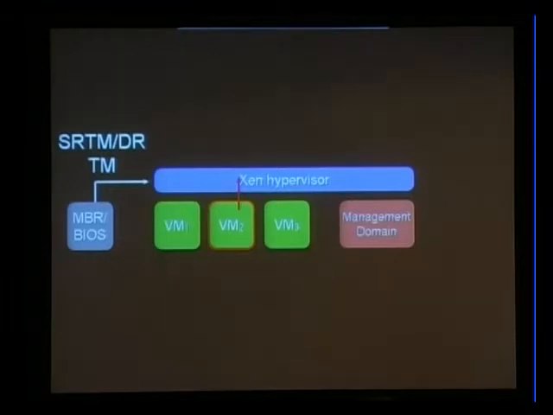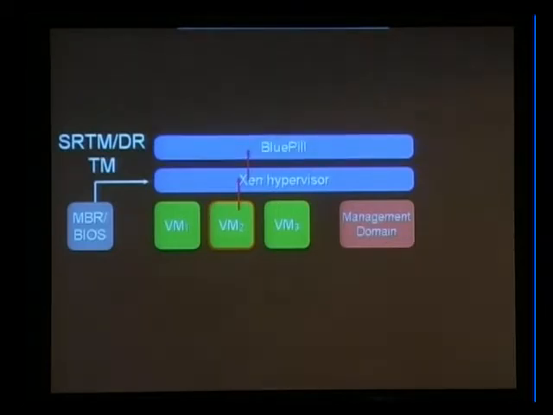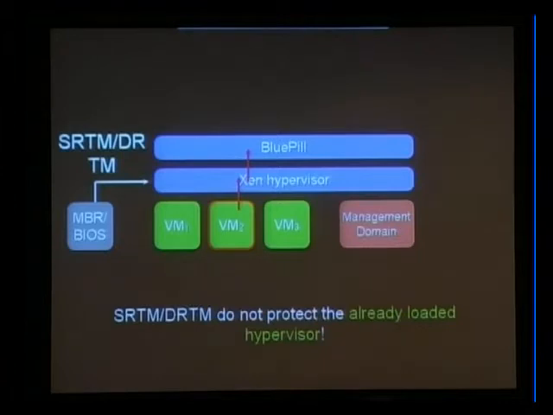For example, if we have some hypercall handler in Xen which is vulnerable to a buffer overflow, then we can install a Bluepill right from the VM2 domain, as shown in the picture. So again, static root of trust and dynamic root of trust do not protect from this type of attack.